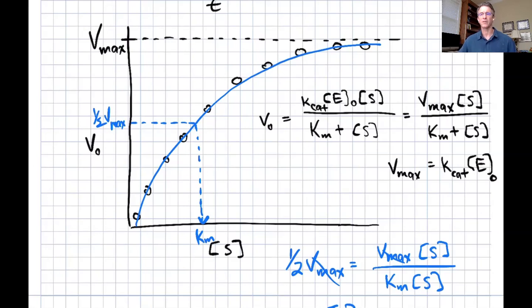Now that also means something else if you think about it. It means we can think about this concentration axis in multiples of the Km. Because if you remember that definition for Km, it's k2 plus k minus 1 over k1.